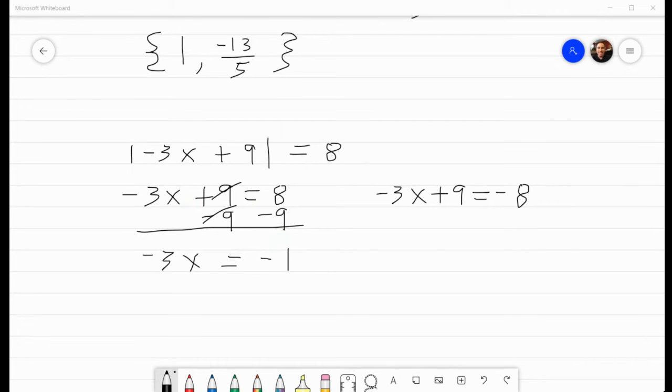Now we don't want minus 3 times x, we want just x. Since you're multiplying it by minus 3, we do the opposite, which is divide by minus 3. The x's cancel. We get x equals negative 1 over negative 3, but the negatives cancel as well, so we just get 1 over 3.